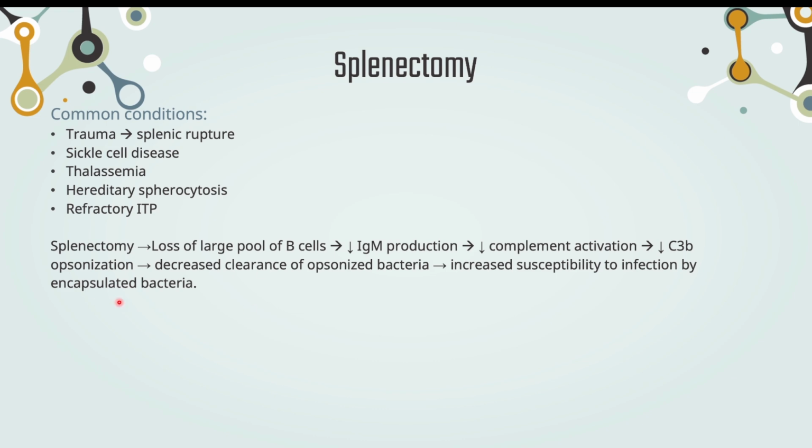Super high yield from exam point of view. They love to test you about decreased IgM production, decreased complement activation, and decreased opsonization after splenectomy. So you need to understand this concept. IgM production is decreased because there's a decrease in B cells, and without IgM production, there won't be adequate complement activation, decreased C3b, and without C3b, there won't be opsonization.